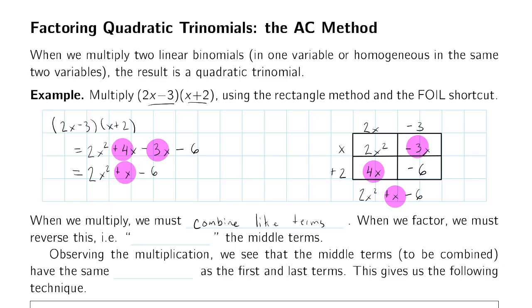Previously, we've had 4 terms, and we've used grouping to factor. Now we have 3 terms. In order to use grouping to factor, we need to somehow uncombine those middle terms. And here's a neat thing that will help us do that.